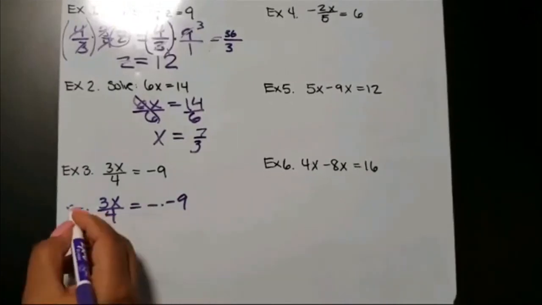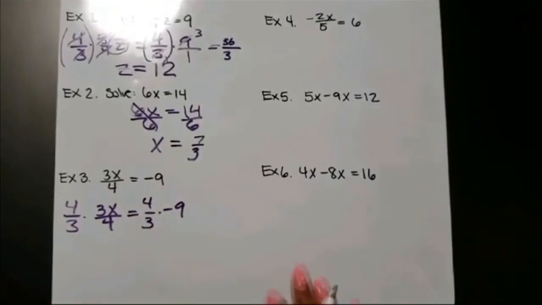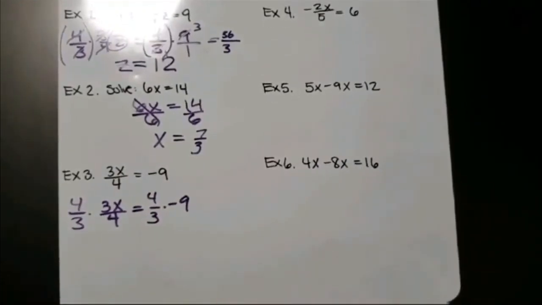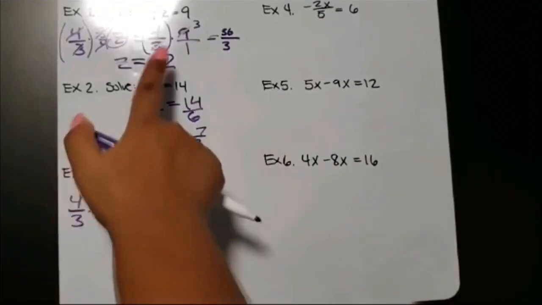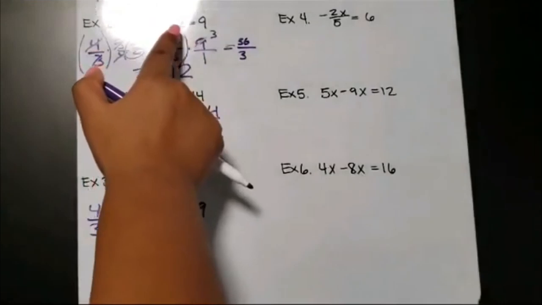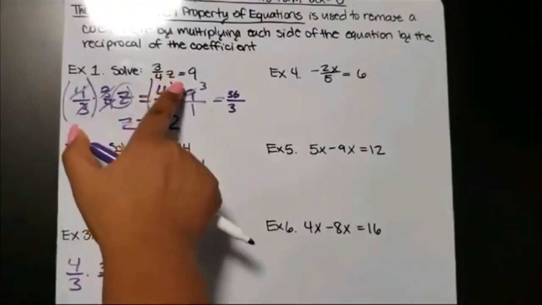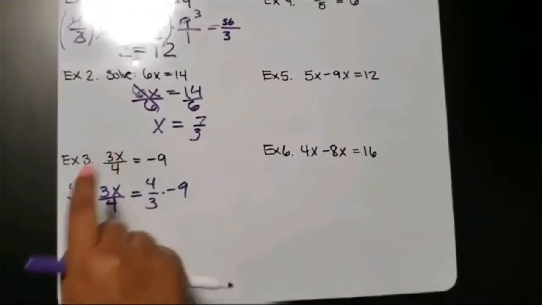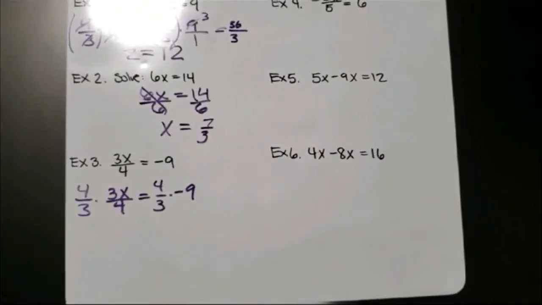All right, hopefully everybody said 4 over 3. And this problem is similar to example 1. It's just a different way that you may see it. So you may see your variable not connected to the fraction like this, or you may see it in the numerator of the fraction, or even in the denominator, okay?